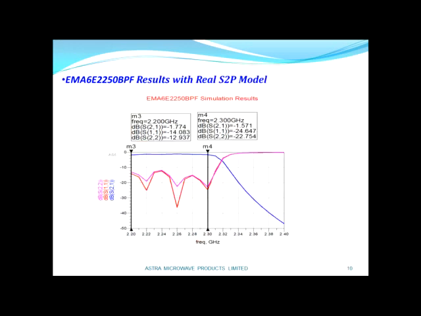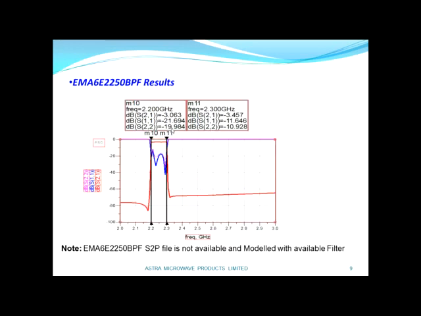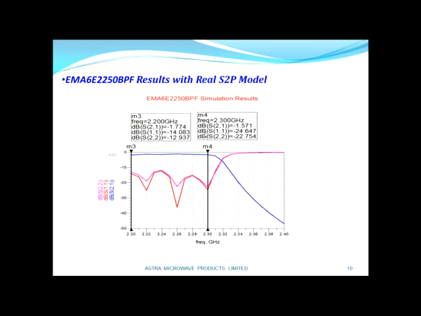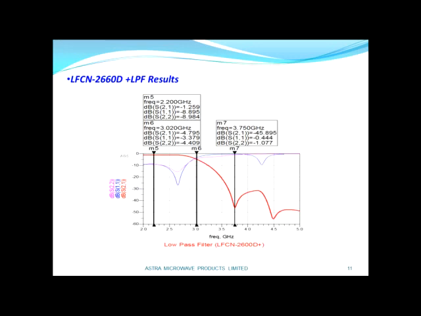Then once I got the realistic, actual model from the vendor, I simulated it. The data sheet mentions -3 dB as a maximum, but in our band it has come to -1.7 dB, and the input and output return loss are better than 14 dB. Then after that, the low pass filter also.